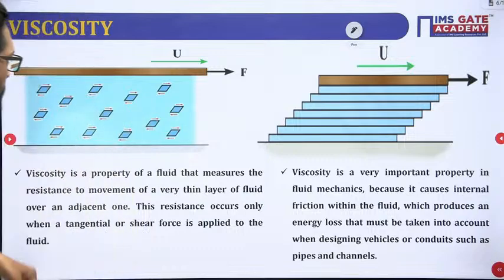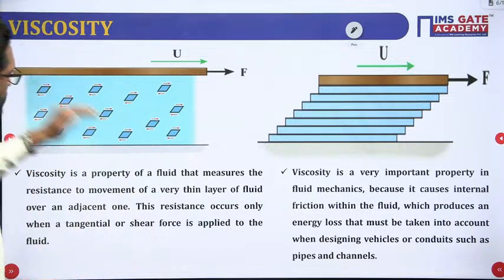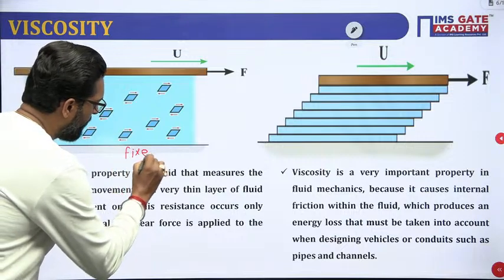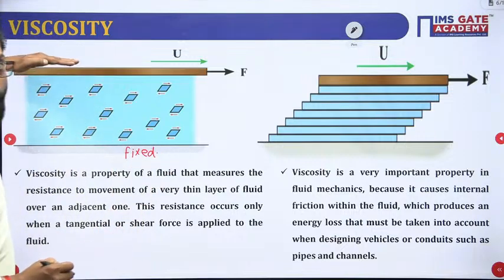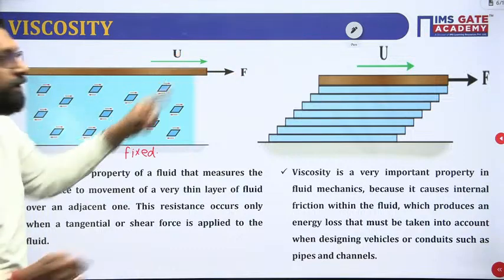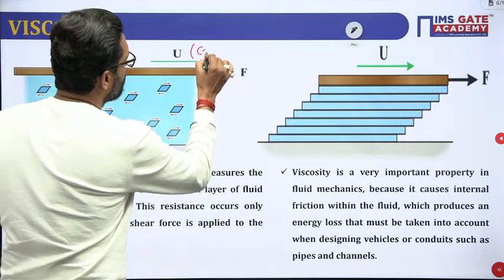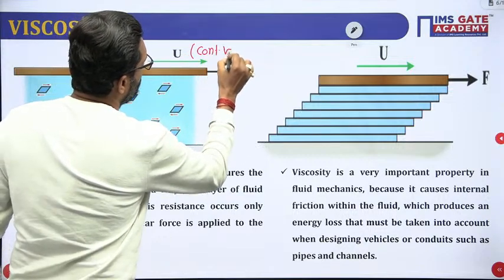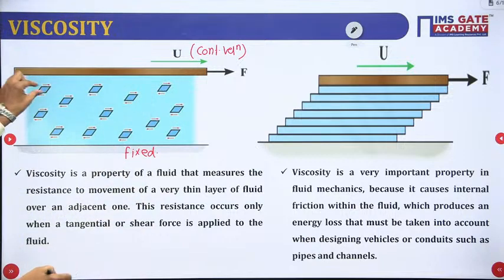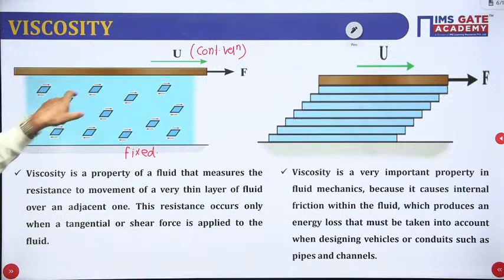See, my dear, same example. Let's suppose there is a base plate and this is your fixed plate. Now this top plate is moving with a velocity v, and let's suppose this is a constant, uniform velocity. So each fluid element is deformed. Why?